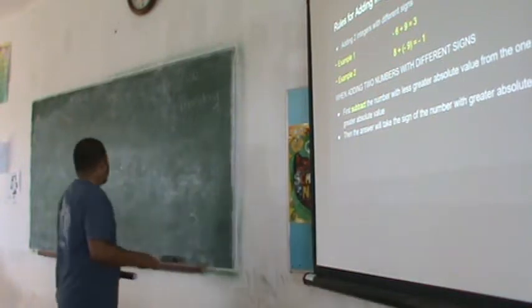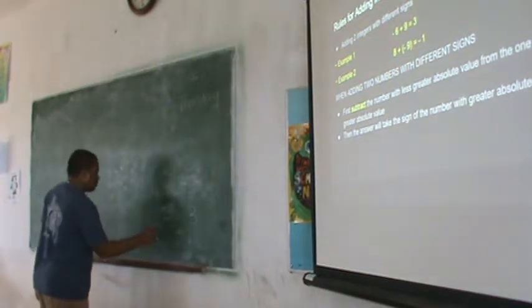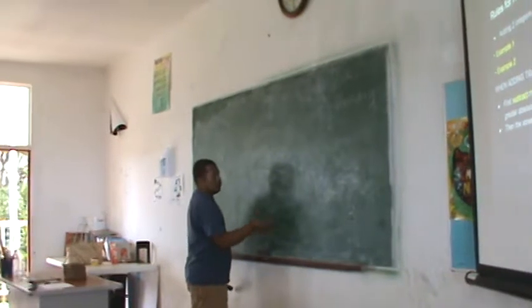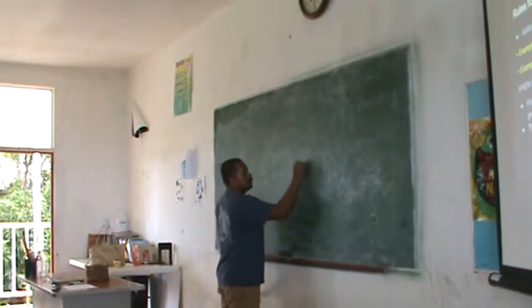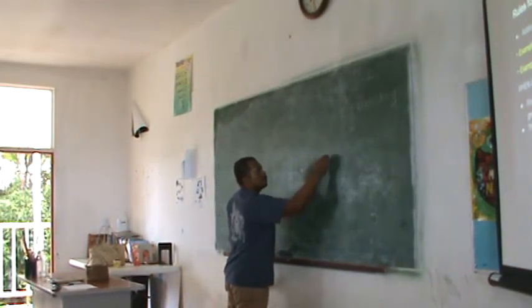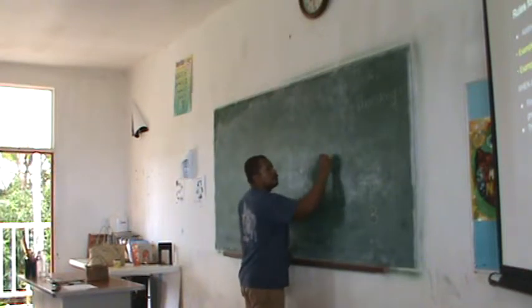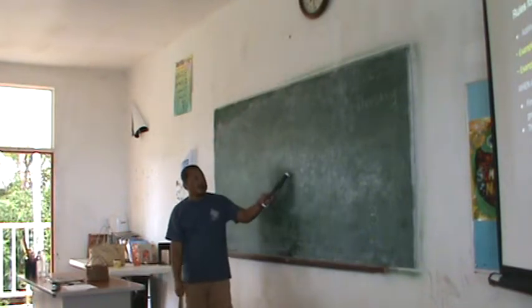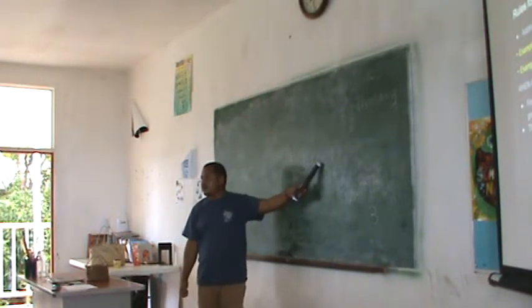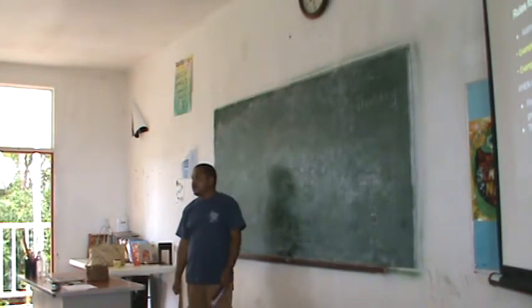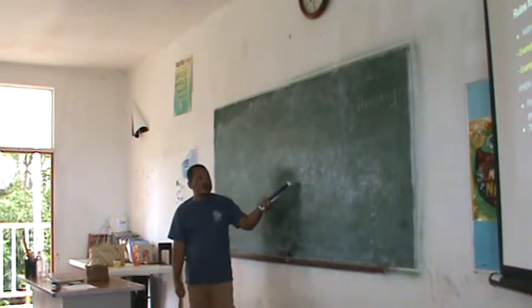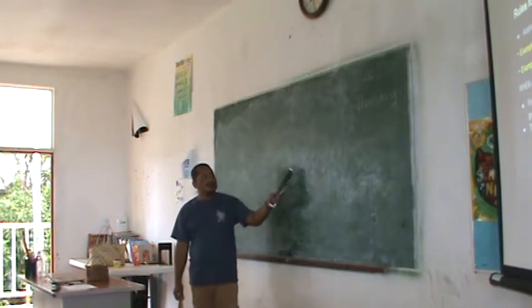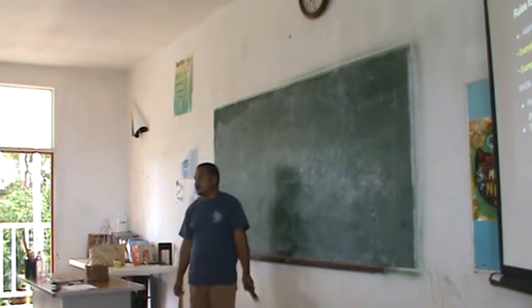Okay, for example, if I give you something like this: a positive number plus a negative number. First, what do you do? Very good, you subtract. Then what do you get? Subtract 5 from 7, what do you get?